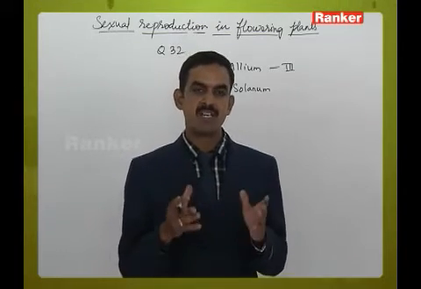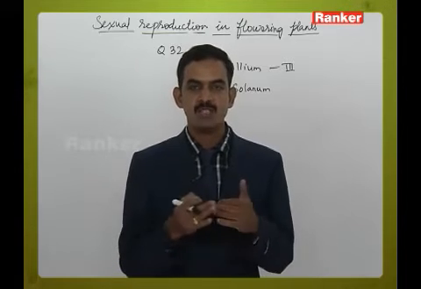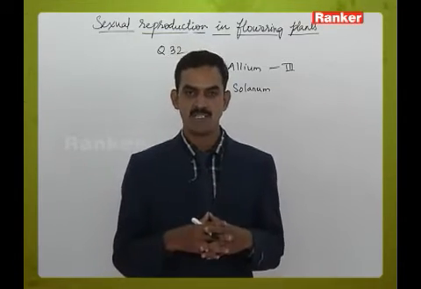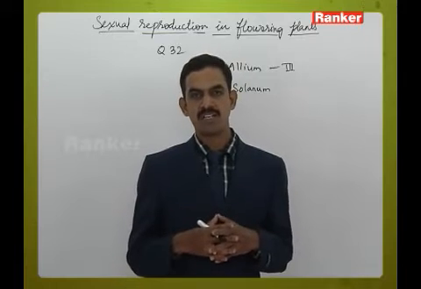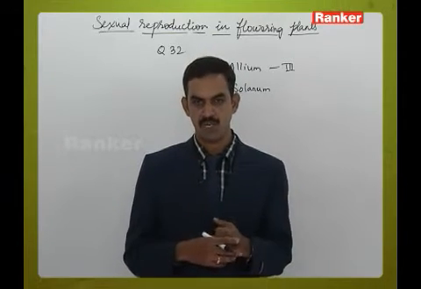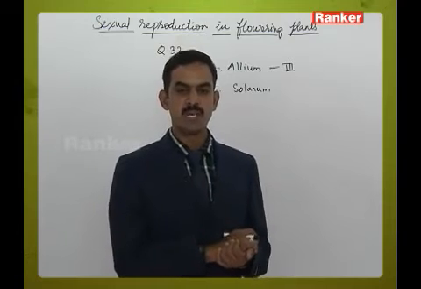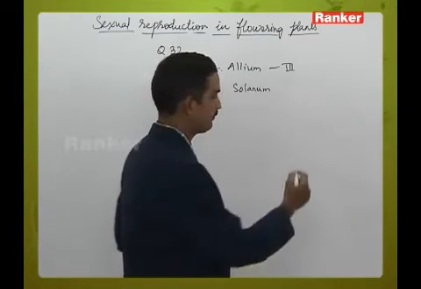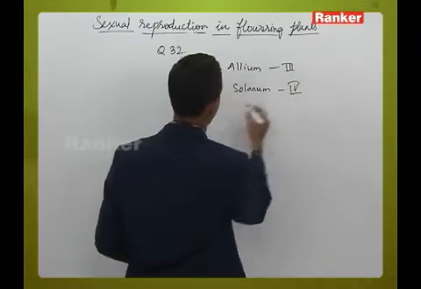Protogyny is a part of dichogamy condition where the maturation time of male and female reproductive organs is different, in which protogyny means the maturation of gynoecium earlier than androecium. So solanum exhibits monochasial cyme with protogynous condition, that is 4.